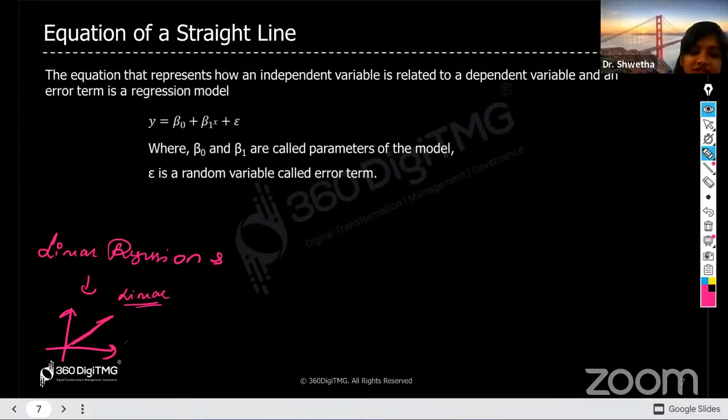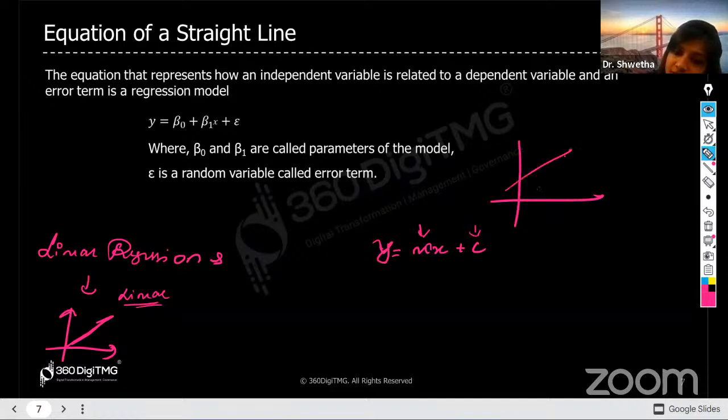We are telling that it is linearly dependent, which is why we are taking the equation of a straight line. As we studied in our primary classes, the equation of a straight line can be expressed by y equals mx plus c, where m would be representing the slope, and c is the intercept.